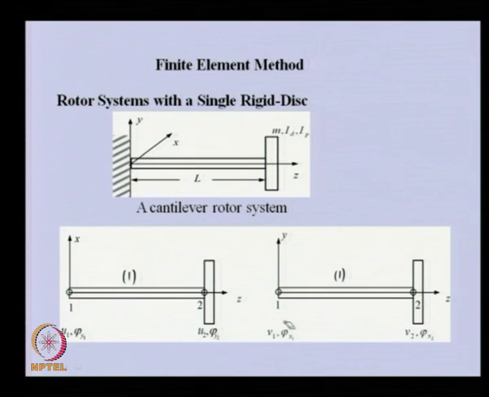So, V1, phi x, and here phi y is there. So basically we have 8 degrees of freedom for the system, because there are 2 in each plane at one node position. If we consider both planes, at one node we have 4 degrees of freedom, and for 2 nodes we have 8 degrees of freedom.